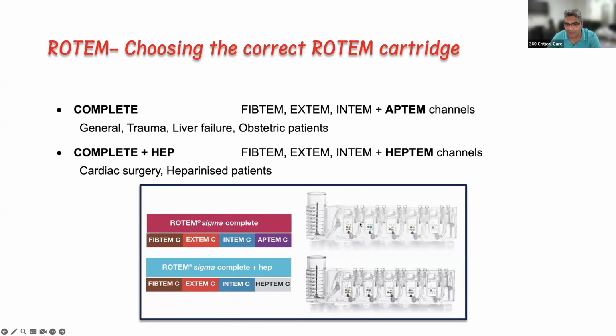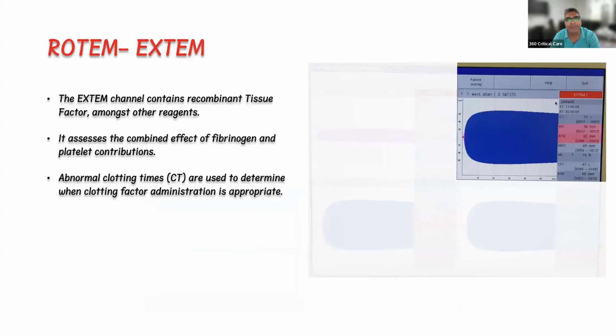If the patient is on heparin or is being anticoagulated with heparin, then you have to choose this cartridge, and if the patient is not on heparin, then you use the other cartridge. So this is all technical, and it varies depending on whatever cartridge or machine you use.